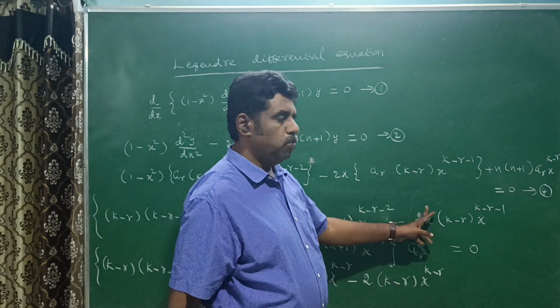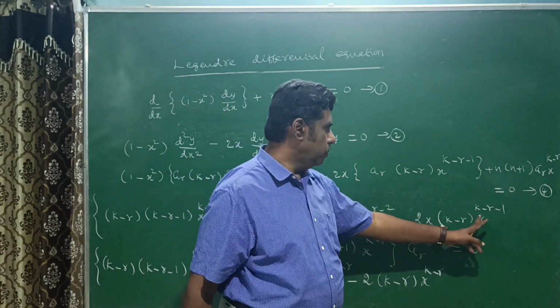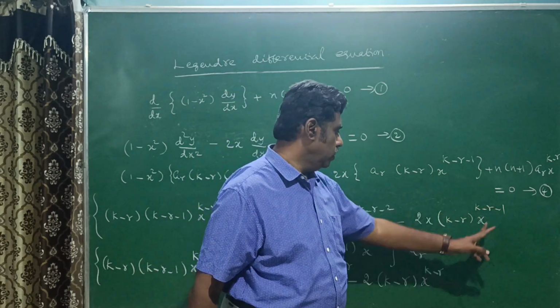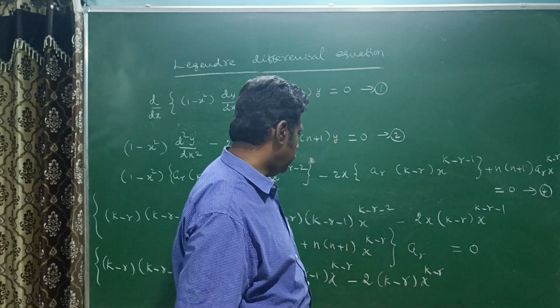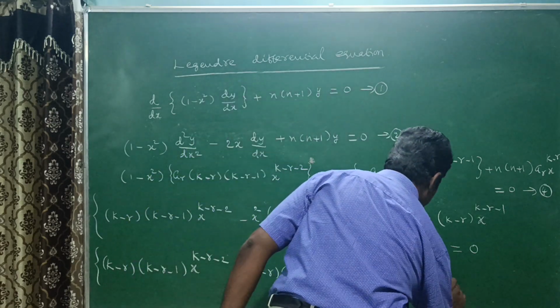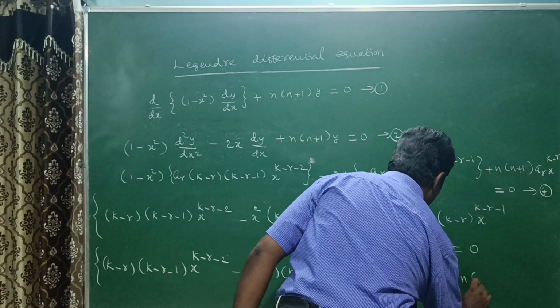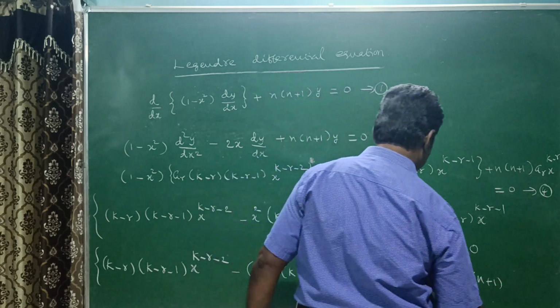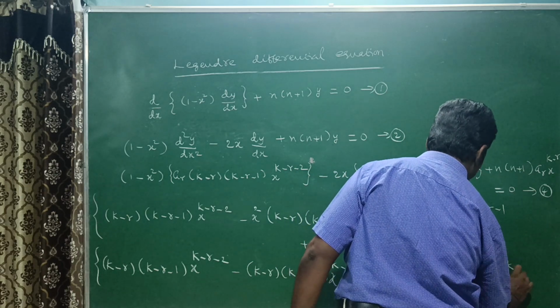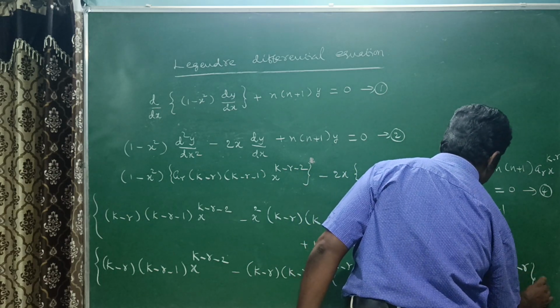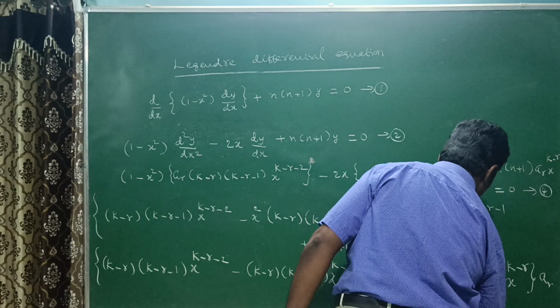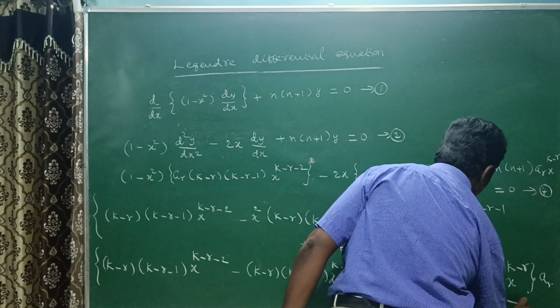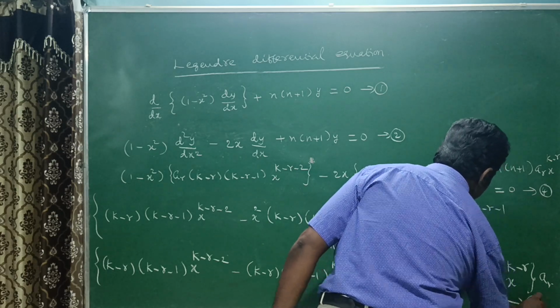This is actually x power 1. x power 1 into x power k minus r minus 1 is x power k minus r, plus n into (n plus 1) x power k minus r, entire is multiplied by a suffix r equal to 0. This is equation number 5.